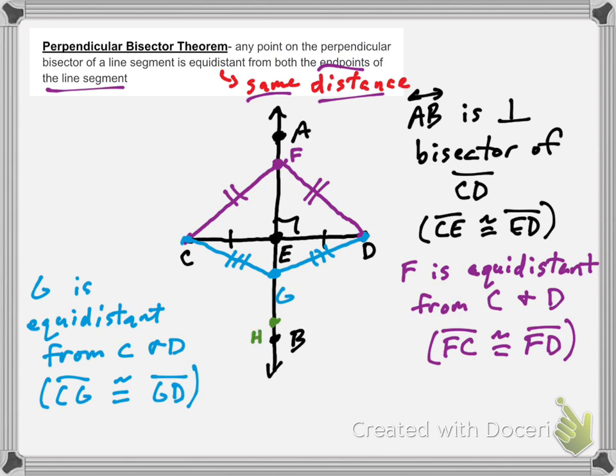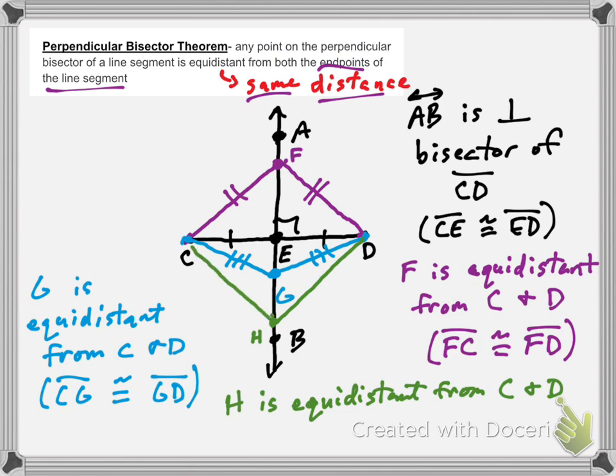We'll call it H. So H is on the perpendicular bisector, so H is equidistant from C and D. So if I connected H and D, and H and C, those would be congruent. So HC would be congruent to HD.